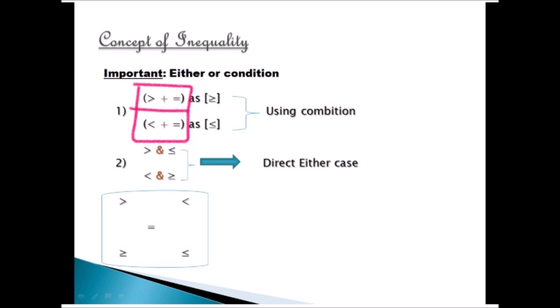If in my conclusion greater than and equals to are there, and both the conclusions are individually false, then I have to combine these two symbols and make a third symbol, that is greater than and equals to.